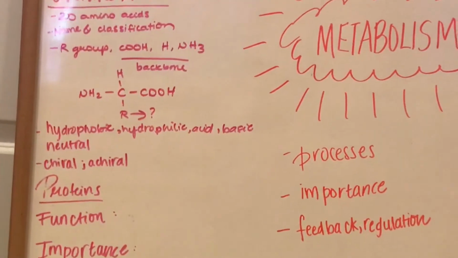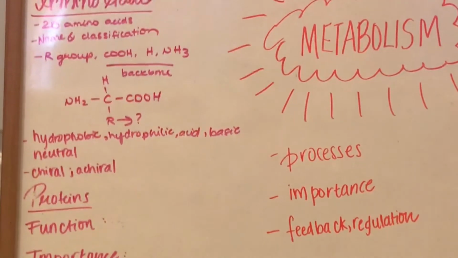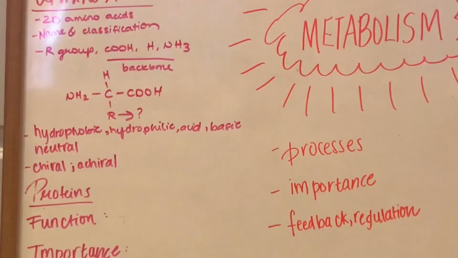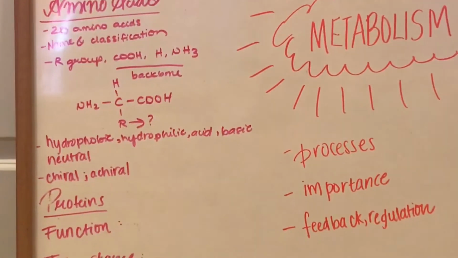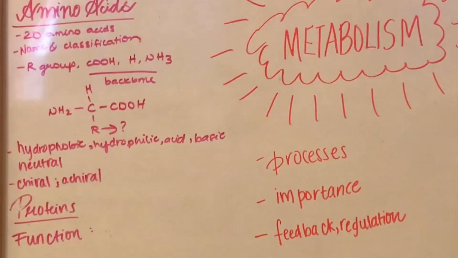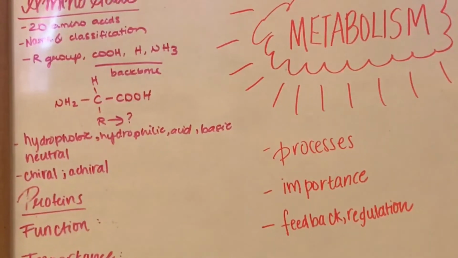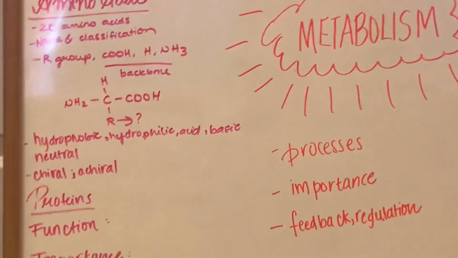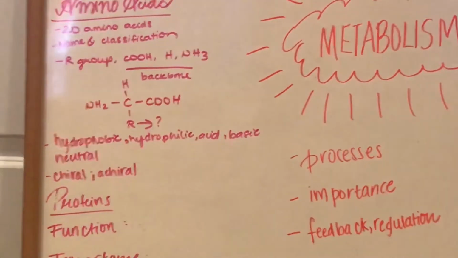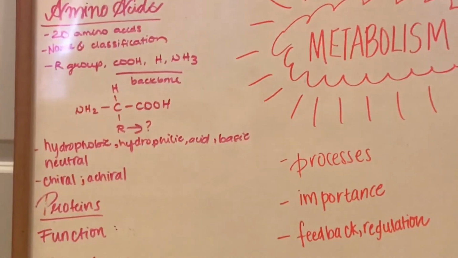As long as that R group is not another carboxylic acid, an NH2, or an H, it'll be considered a chiral carbon. If it is another COOH, an NH2, or an H, then you'll see that the carbon is attached to 2 of the same groups. So in that case, it would be considered achiral.